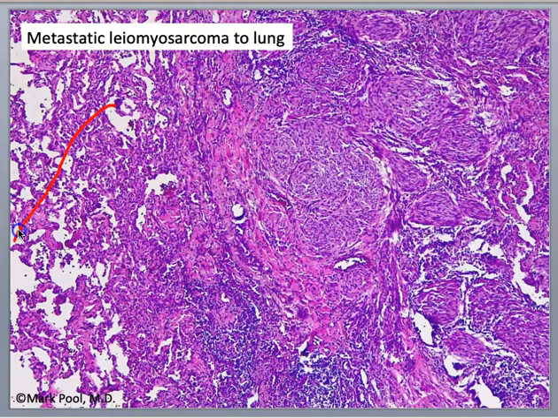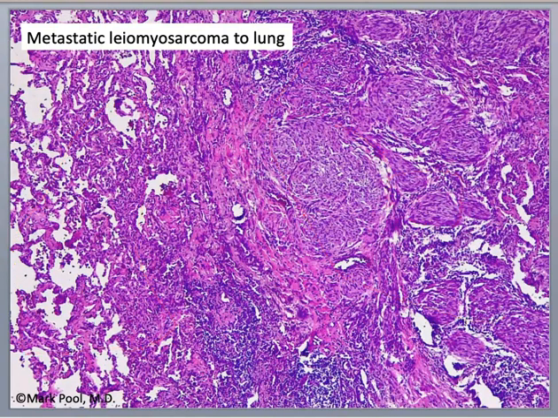This is hopefully recognizable to you as lung on the left, and this is the metastatic leiomyosarcoma here on the right. You can see some of the histologic similarity to the leiomyosarcoma. This is a little bit low power view, so we don't really have the same high power view of the malignant cells themselves, but hopefully you can recognize these lobules of spindle cells like you saw in the previous slide of leiomyosarcoma.